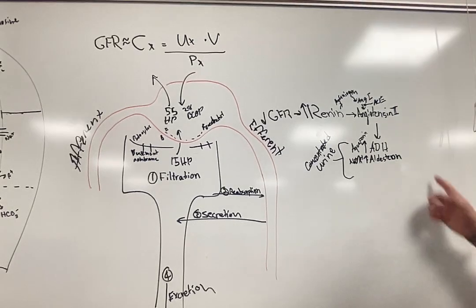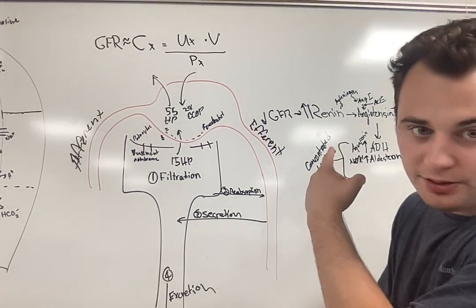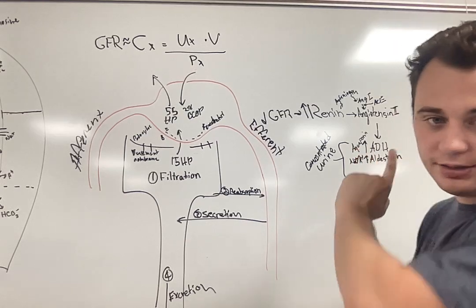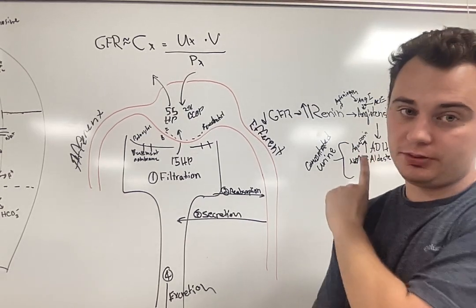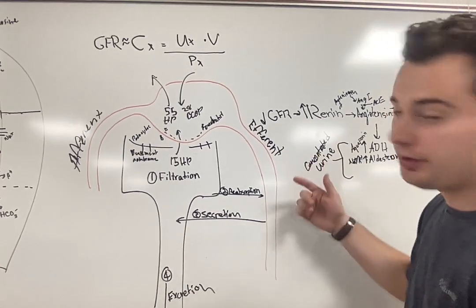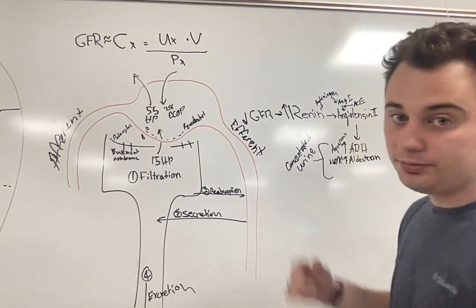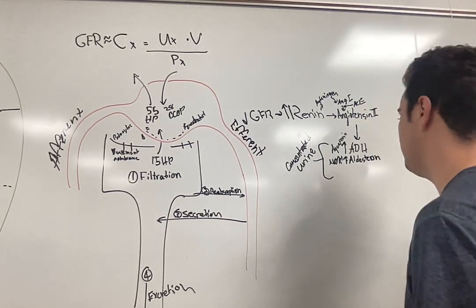After angiotensin 2, you'll remember this from the cardiac stuff, right? Remember when mean arterial pressure, or MAP, was low, then your kidneys would release renin as well. We're running it back to that.